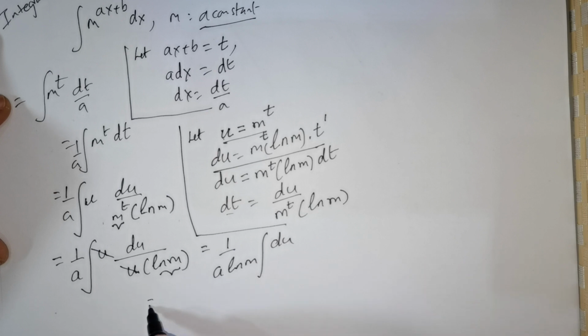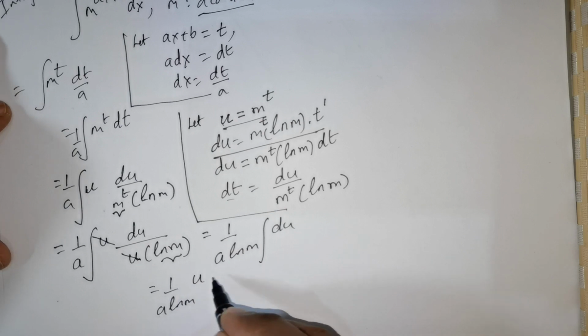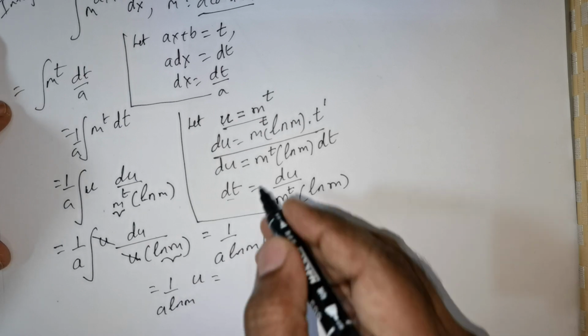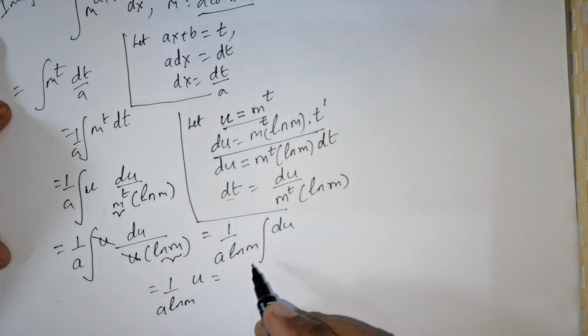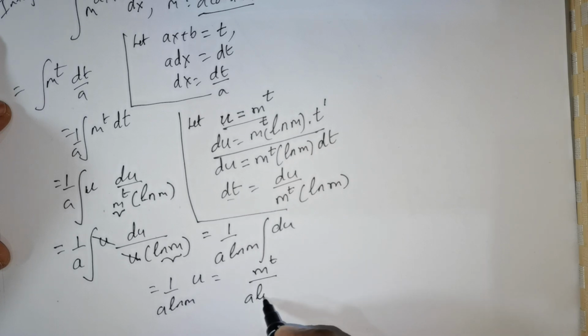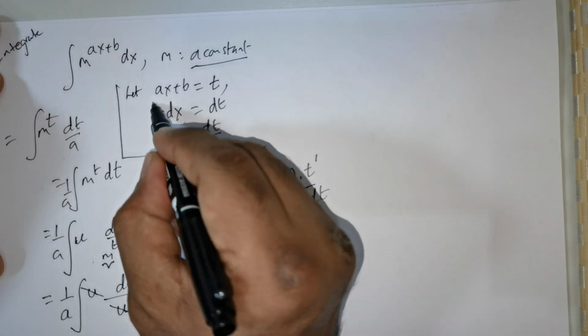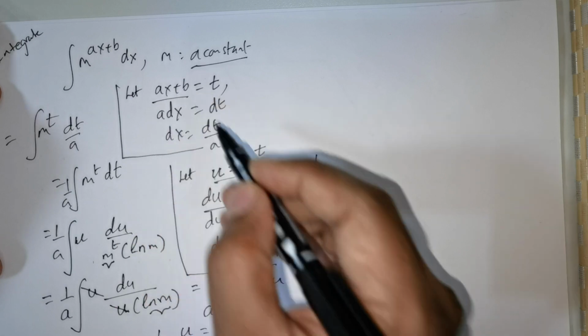So if I were to integrate, this is going to be 1 over a times ln m. Integral of du is going to be u. But what is u? That's m raised to the power of t. Substitute that, divided by a times ln m. But my t is equal to ax + b.